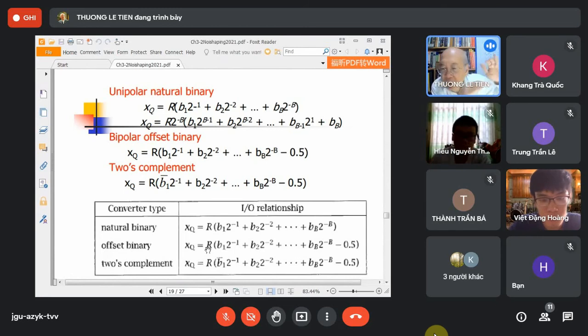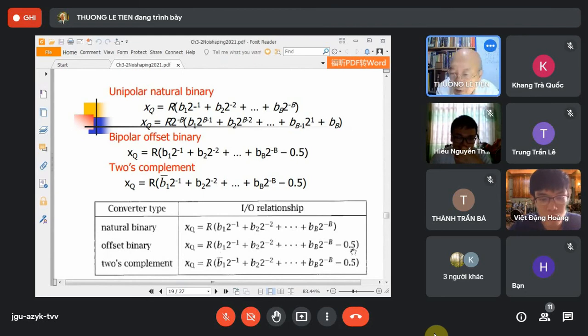So we take the value of the natural binary code, convert it into SQ and shift it down by half of R. Actually, we take the natural binary value and minus 0.5R. That means we shift it down.